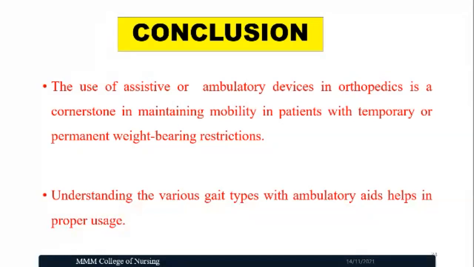Understanding various gait types with ambulatory aids helps in proper usage. As nurses, we must have a thorough understanding of the different gait patterns and the ambulatory devices, so that we will be able to provide good care to the patient and maintain ambulatory balance.